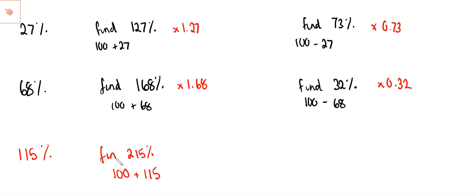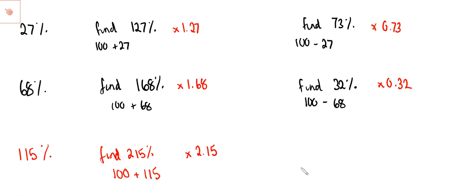So find that. What do I multiply by? 2. So it's going to be more than double. So if your salary goes up by 100%, it doubles. Yeah, make sense?